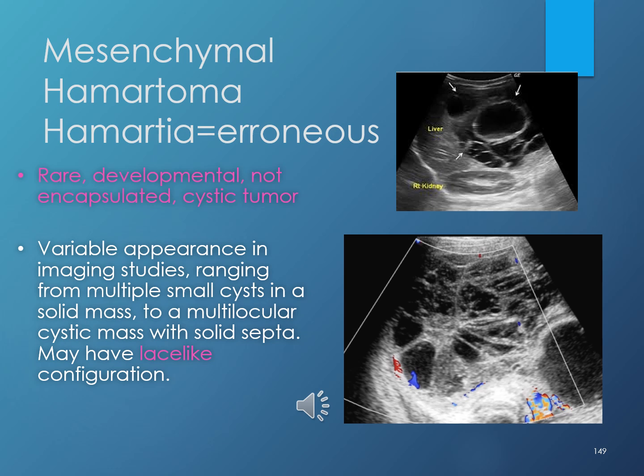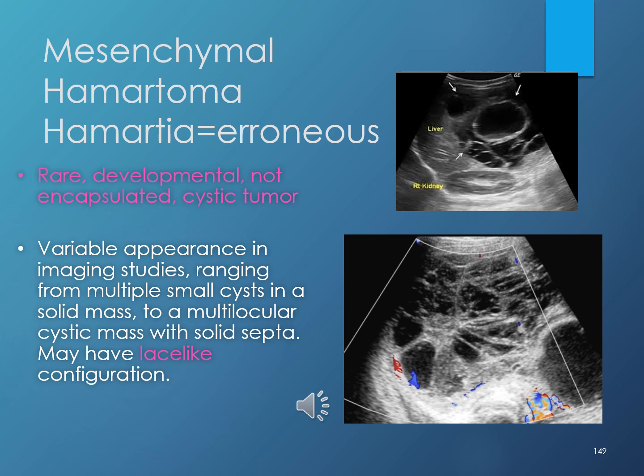Now this one is a mesenchymal hamartoma. Mesenchyme is a loosely organized, mainly mesodermal, embryonic tissue which develops into connective and skeletal tissues, including blood and lymph. If you remember learning about embryology, you've got the mesoderm, the endoderm, and the ectoderm.